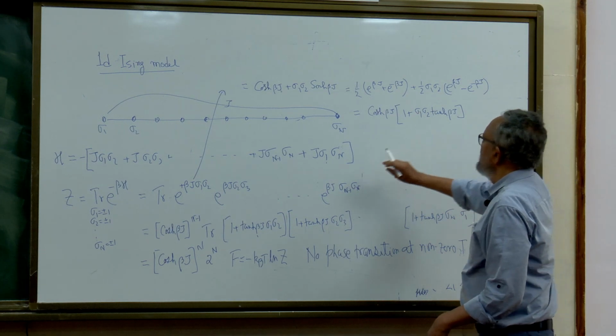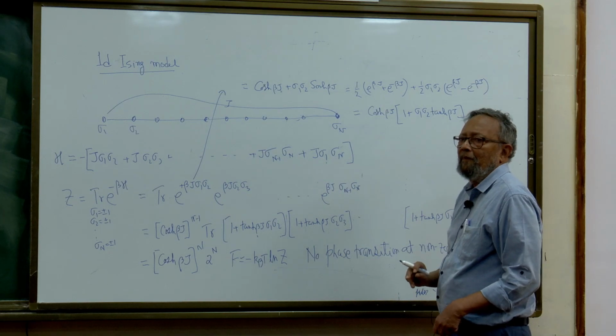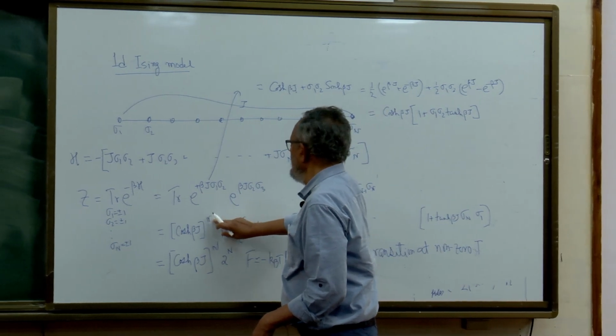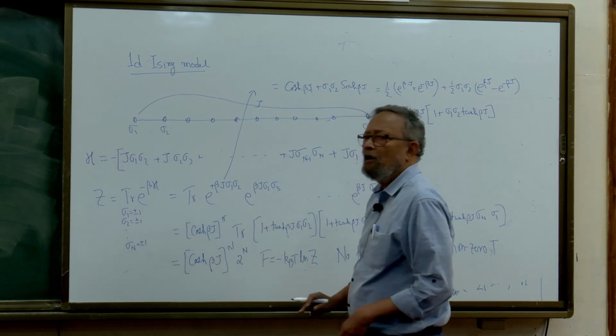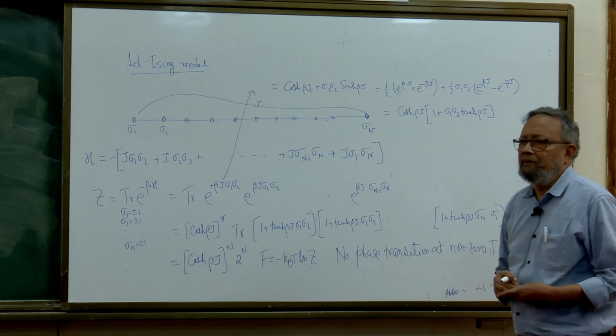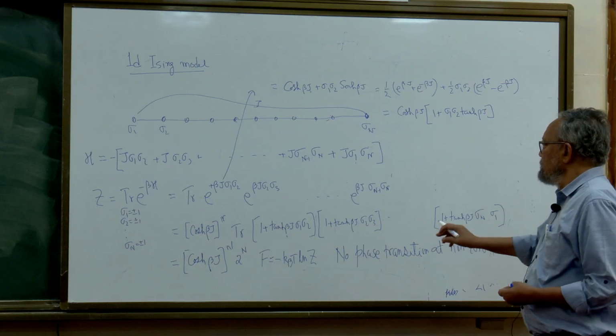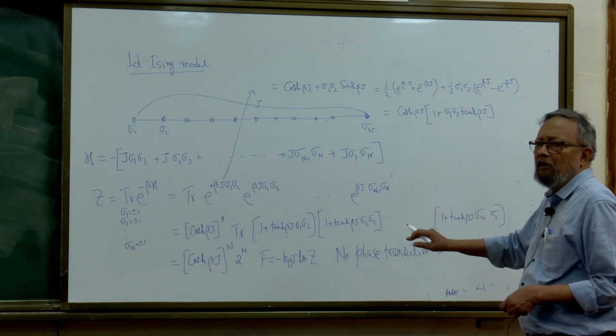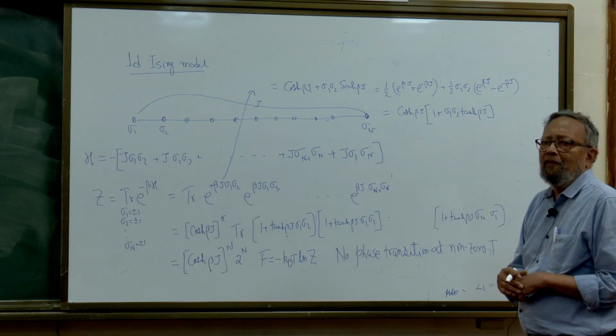That's this one. This number of bonds is now equal to the number of sites. So if I now do the trace, then my claim is that there will be another term which will give you a non-zero value. Which is that term?